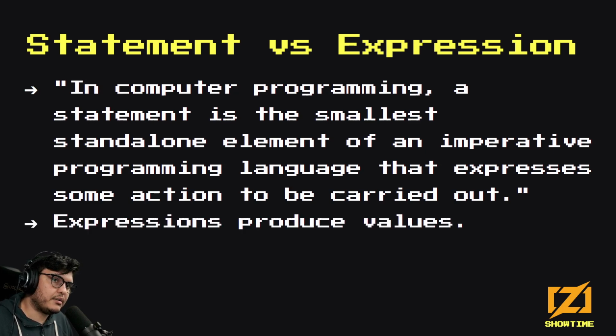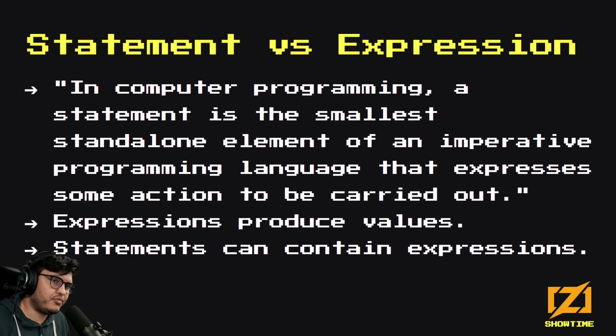Expressions are instead smaller pieces that produce values, and sometimes you find expressions embedded inside statements, at least in imperative programming languages. I'm sure functional programming and other stuff has weird rules about all of this.